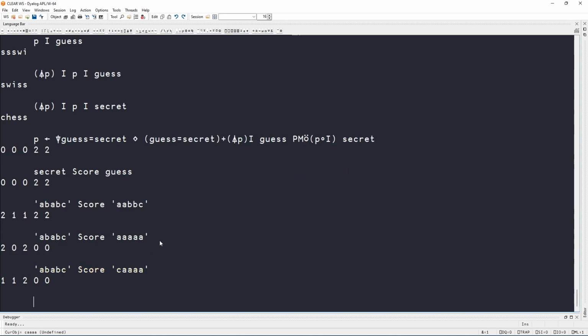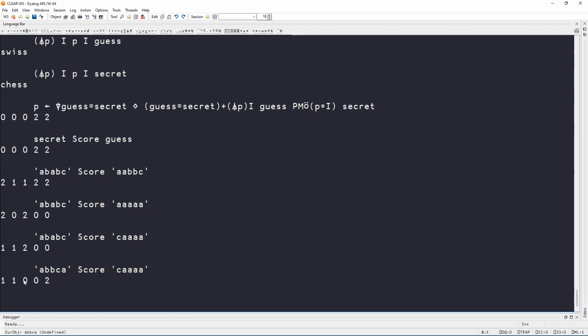Now what if I have a C in here? So now the C has a 1 because we know it shows up somewhere, and this A is out of place, it should be this one, and this A is correct, so that's a 2. Or maybe if we move the A to the end, notice how these A's in the middle are completely ignored. So the score function seems to be okay now.